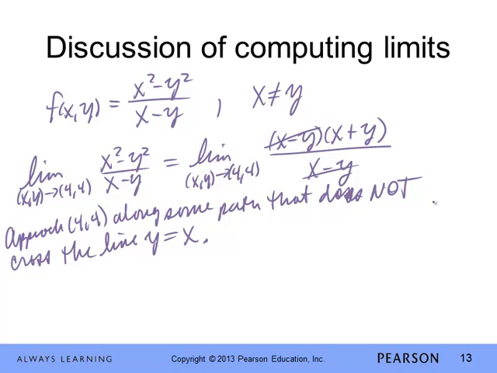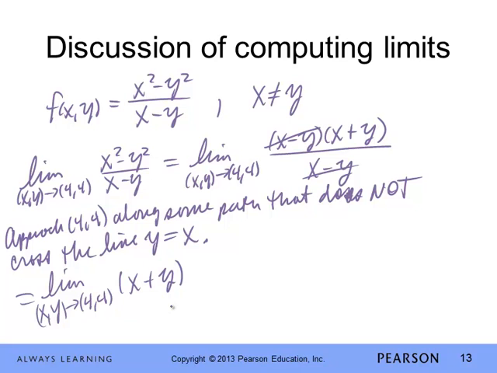After you cancel the x minus y's, now we have the limit as x, y approaches 4, 4, and now we have x plus y. What is the relationship between the function x plus y and the function x squared minus y squared over x minus y? Are they the same function? They are exactly the same functions except what?